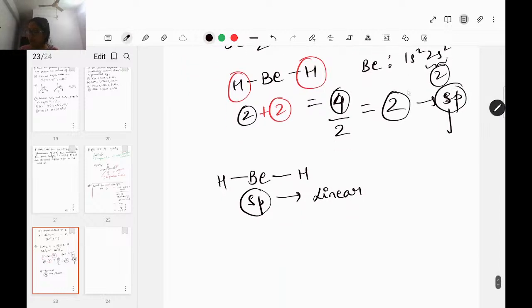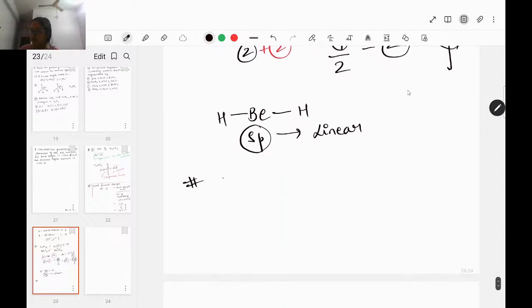Okay. Now let us take another molecule example, which is sp2, which is BF3. I told you already this is sp2. How will you find out that this is sp2 or not? Boron has an electronic configuration of 1s2, 2s2, 2p1. So the valence electrons are 3.